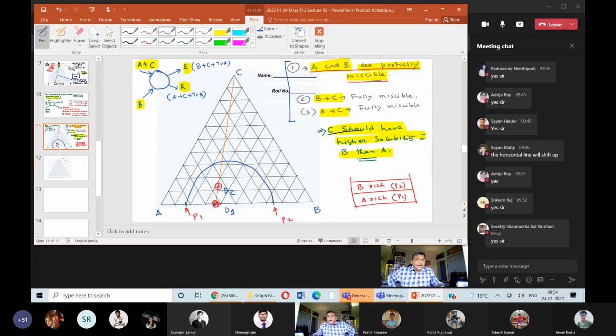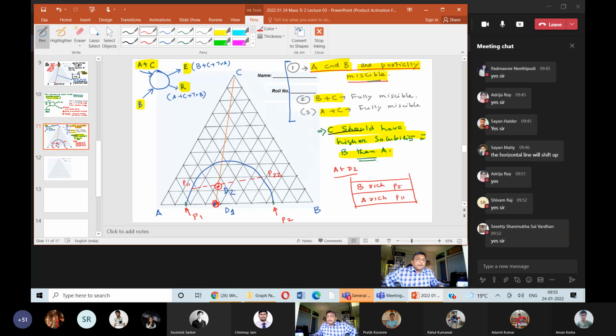At point D2, again, there will be two phases. One is a B-rich phase and one is a C-rich phase, right? Let's say the points are now P11 and P22. So at D2, we will still have an A-rich phase and a B-rich phase, right?